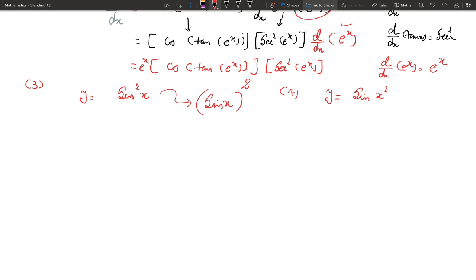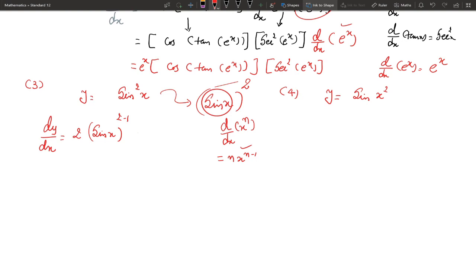So first here we have to use the formula. This is of the form d by dx of x raised to n. So when we differentiate with respect to x, first use this formula n x raised to n minus 1. So 2 will be in front, and we reduce the power by 1, sin x raised to 2 minus 1. But now you observe inside it is not x, it is a function of x.